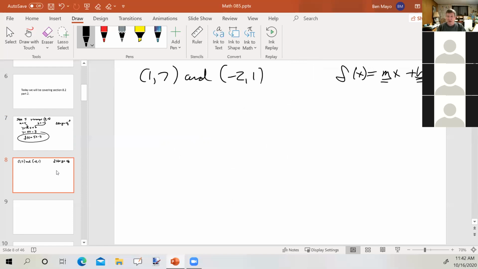In this case, I have neither one, but I have 2 ordered pairs, 2 points on the line. So using the slope formula, which is m equals y subscript 2 minus y subscript 1 over x subscript 2 minus x subscript 1.